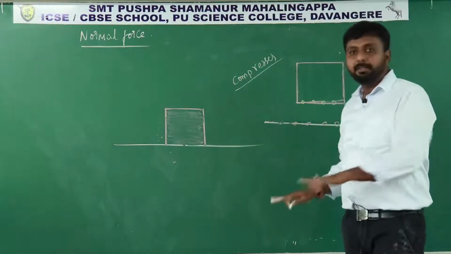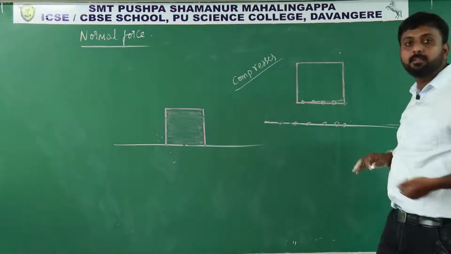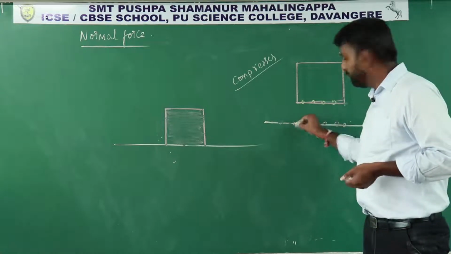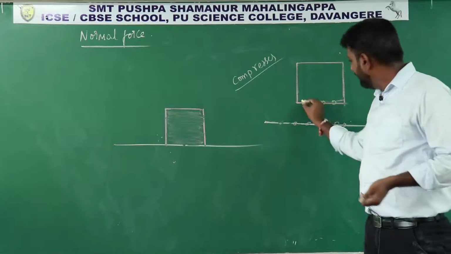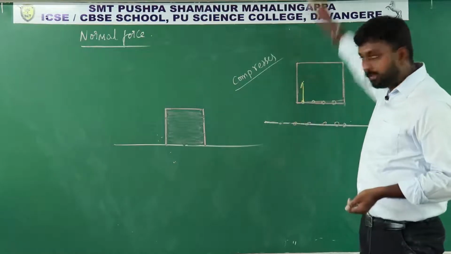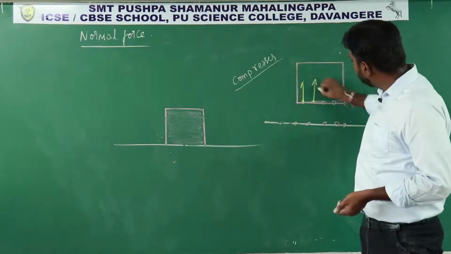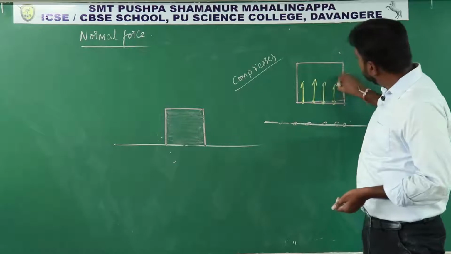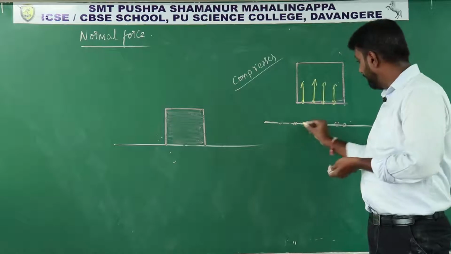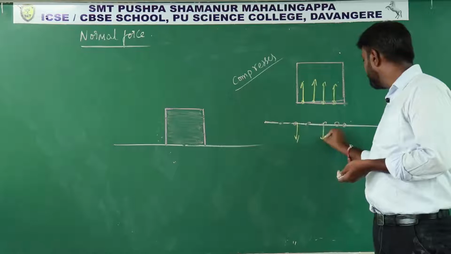If the block compresses the surface, definitely the atomic distance will decrease. Atomic distance decreases, which type of force will develop? Repulsive. The surface atom will repel this atom in this direction. Like that all the surface atoms will repel the block atoms in this direction. Similarly all the block atoms will repel the surface atoms in the downward direction, right?